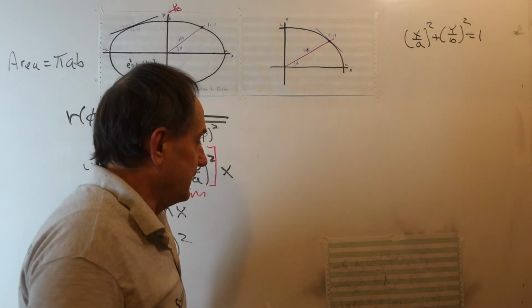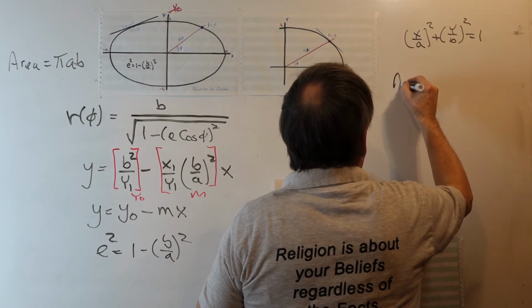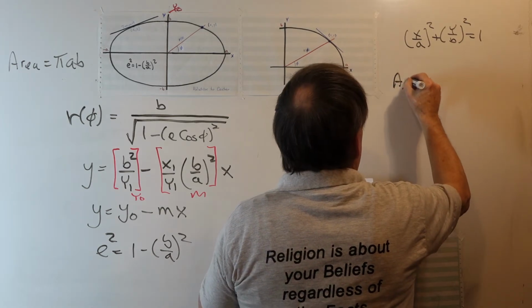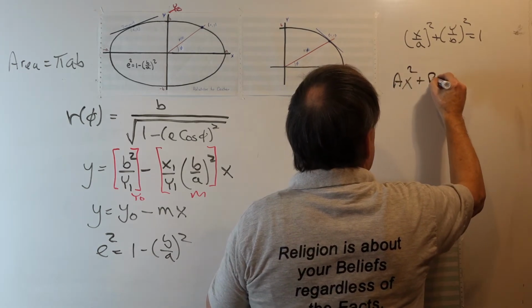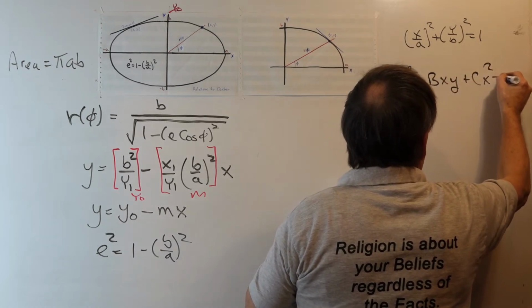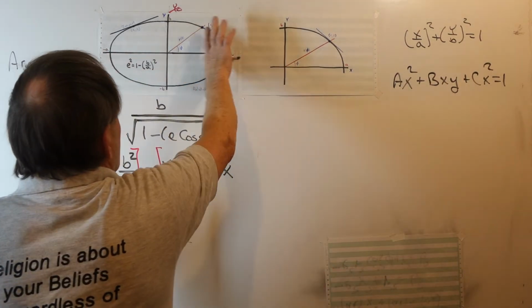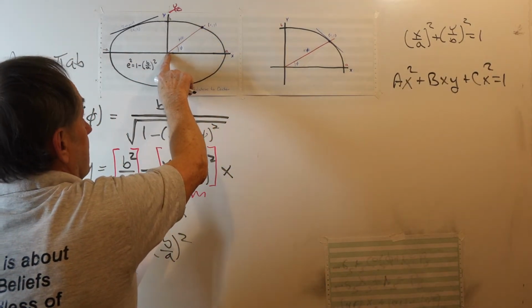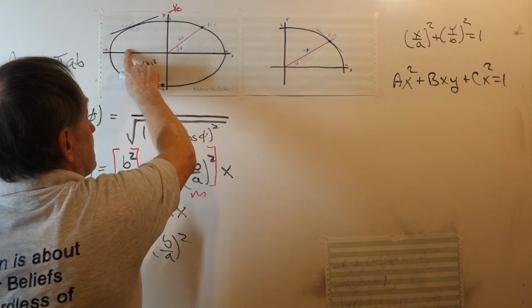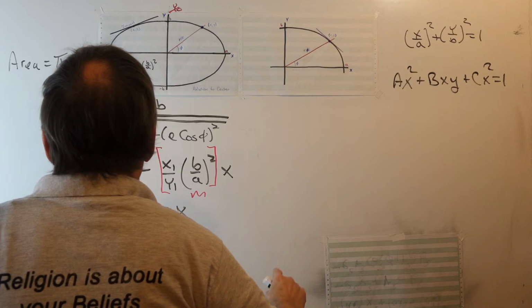So we can define the general ellipse implicitly in this fashion: ax squared plus bxy plus cy squared is equal to 1. Now, when the ellipse is moved off the axis, its center is moved off the axis, you end up getting these cross product terms.